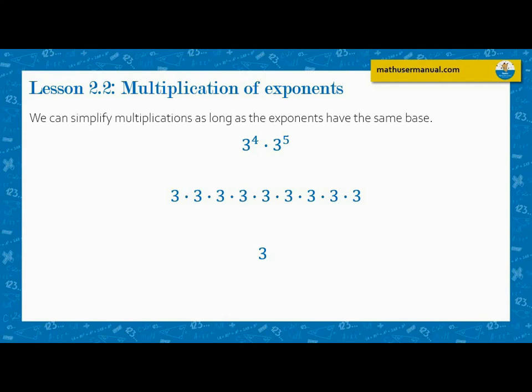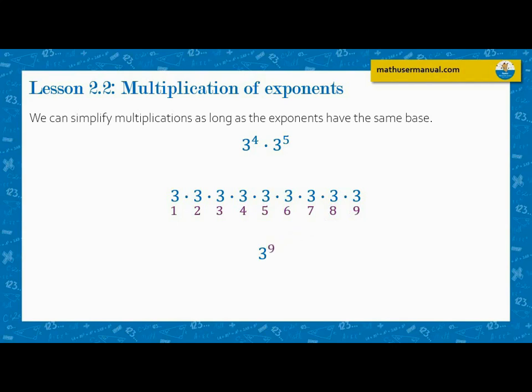Now, to figure out what the exponent is going to be, we simply count: 2, 3, 4, 5, 6, 7, 8, and 9 3's. We have 9 3's, so that means the exponent is a 9. So this turned into 3 to the power of 9.